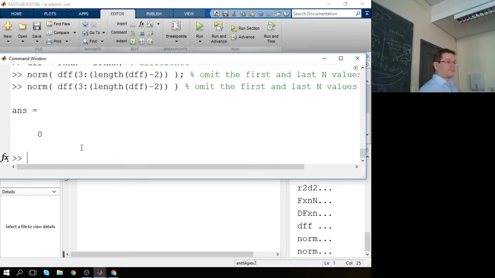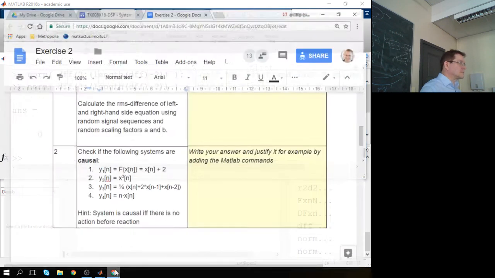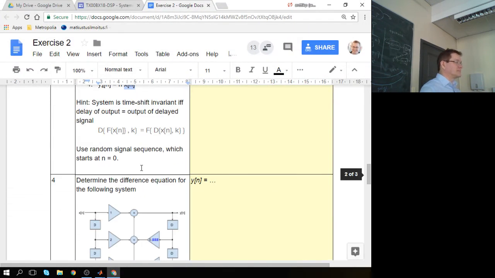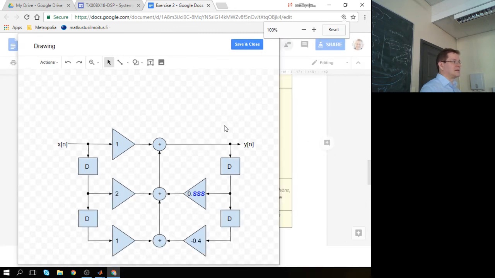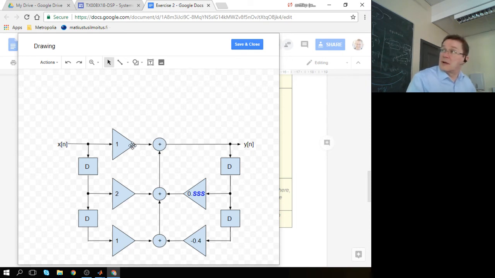So the next part is actually the fun part. We have a system which looks like this. By double clicking, you can see what those values are. So there's 1, 2, and 1 for the input signal.